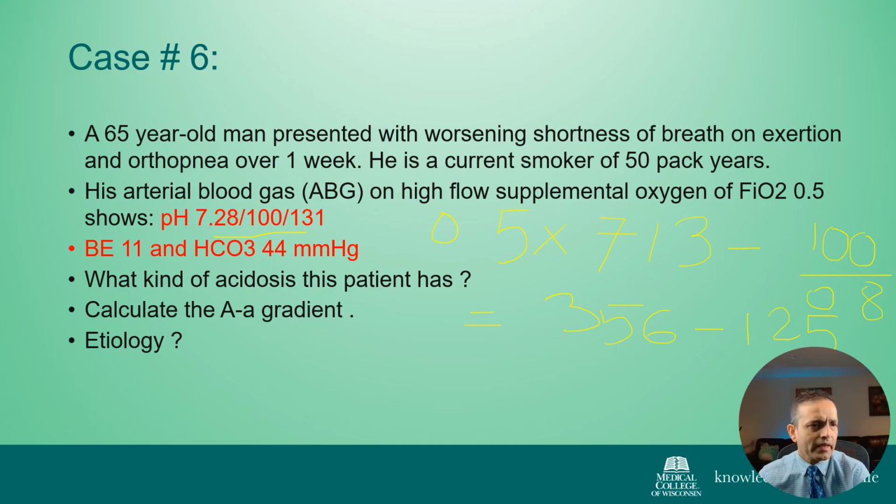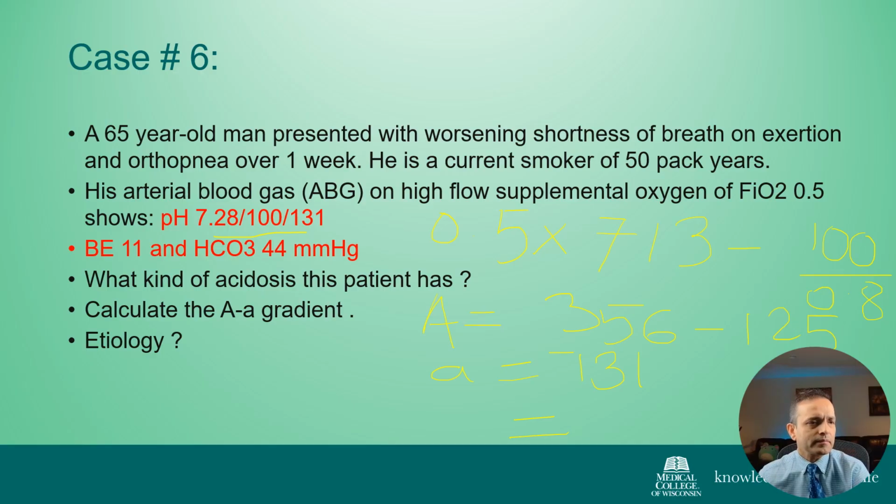So that is the big A. And what is small a? Small a is 131, as you can see in the ABG. So the A gradient is going to be here.